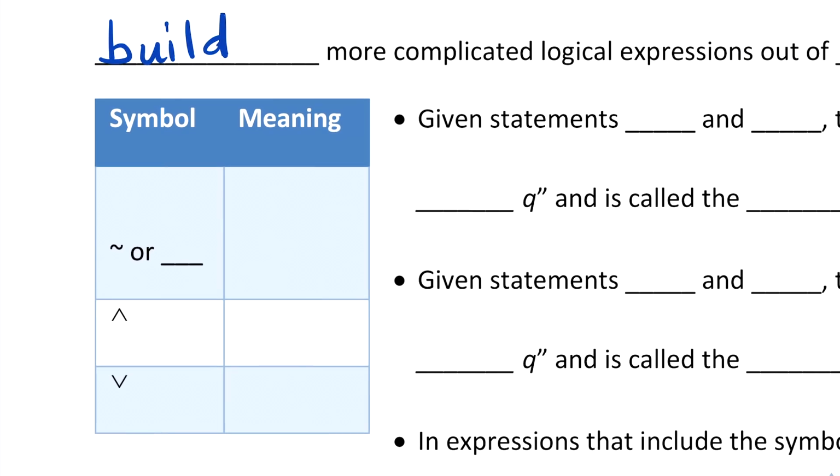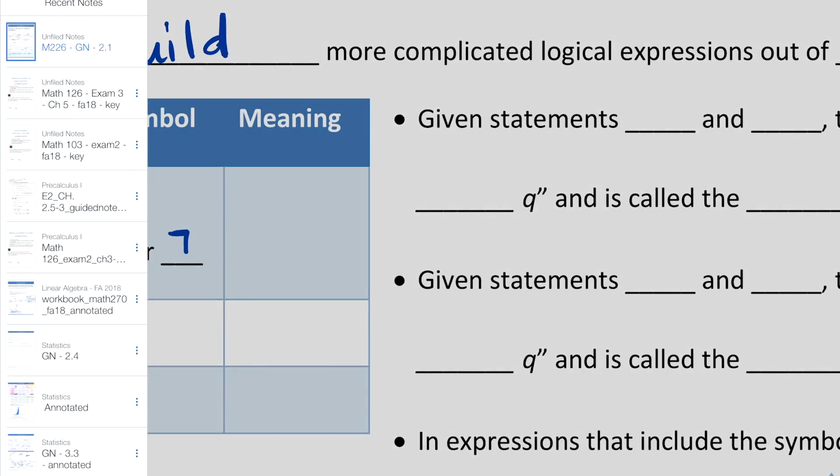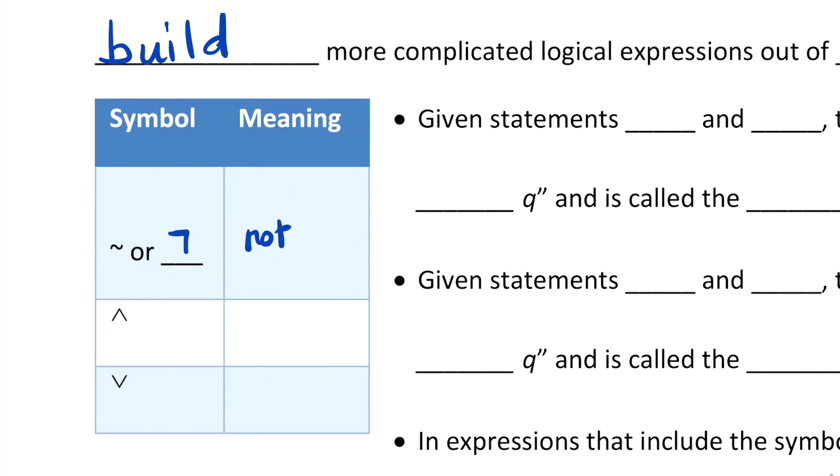Cool. All right, so let's look at the symbols here. I'll make this a little bigger. The first one right here is a tilde. Sometimes in computer programming you might see this symbol here. Both of them mean not. They're for negation. The next symbols go in between logical expressions.